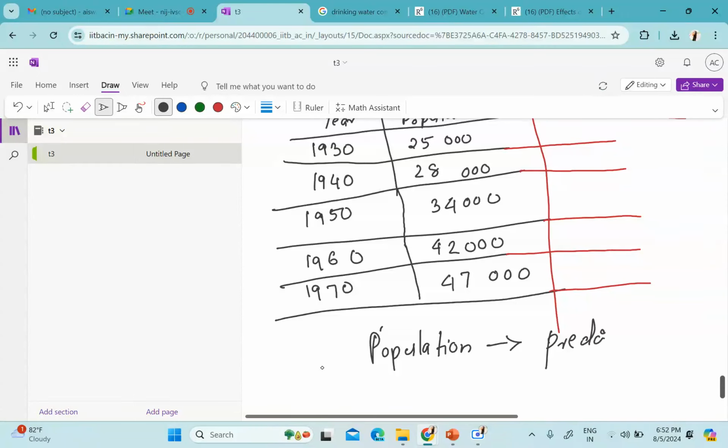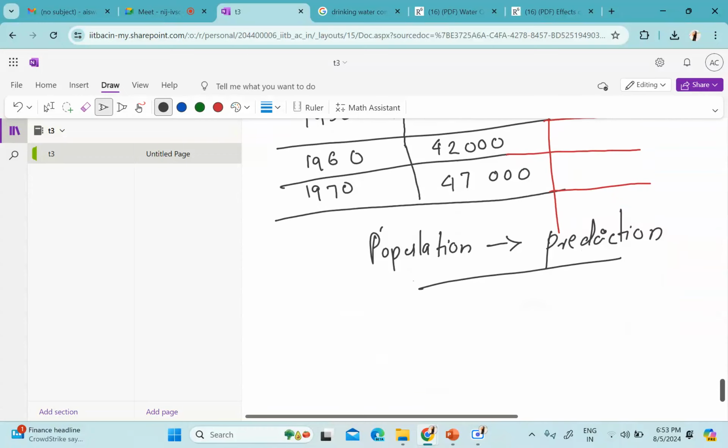From the population, we can predict the water consumption, and from the water consumption, we can predict the wastewater generation. For that, different mathematical formulations are used. The first one we are going to discuss is the arithmetic increment method.